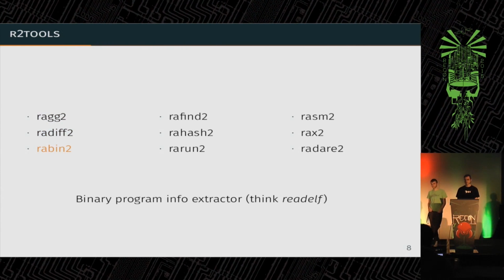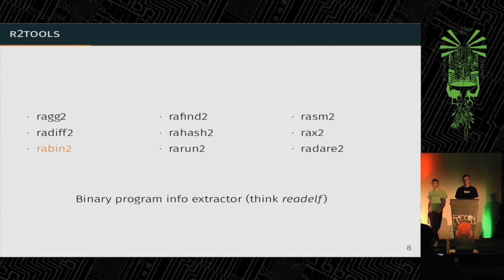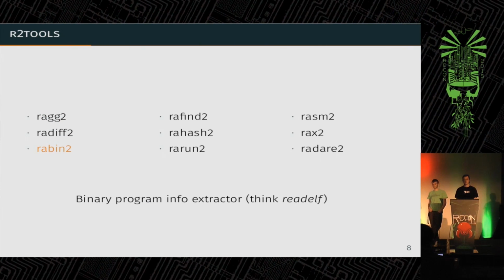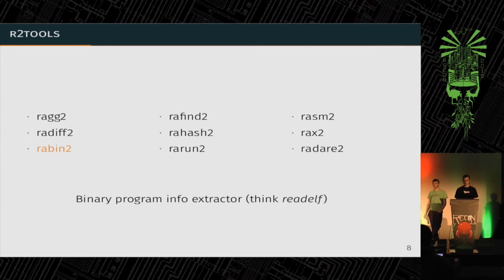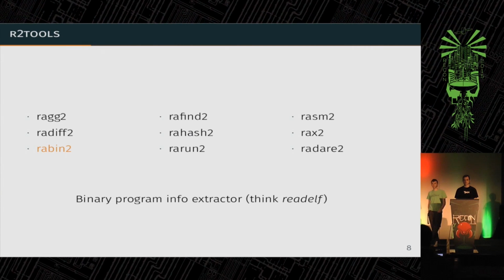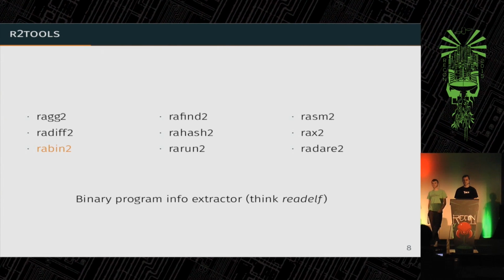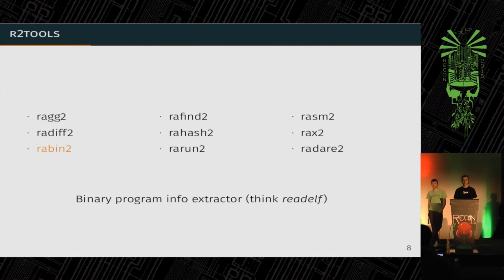Rabin2 is a binary program info extractor. Basically, if you're familiar with readelf, this is a similar tool, although it will work on any binary that R2 works on, so PE, ELF, Mach-O, basically anything R2 can understand, Rabin2 can understand.